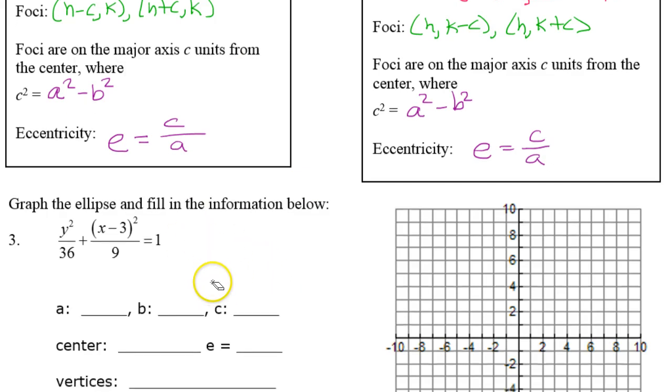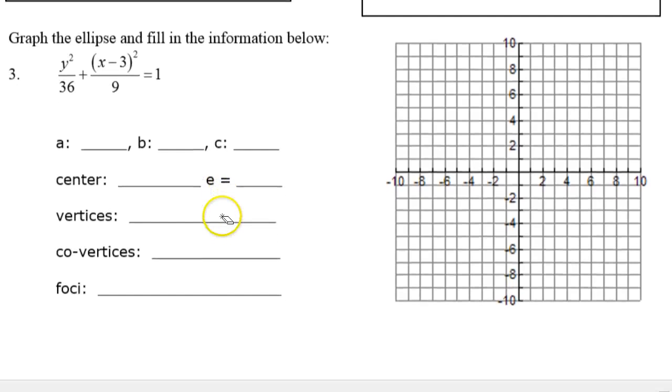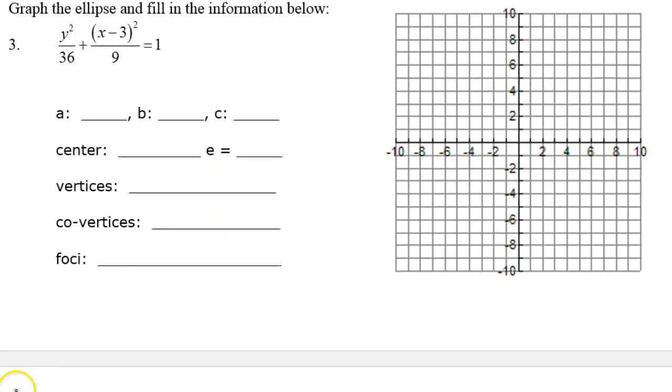Okay, let's go ahead and do an actual problem. I would really like to start with the center. See how the numerator here is simply y squared. There's nothing added or subtracted. That tells me that the y coordinate is going to be 0.